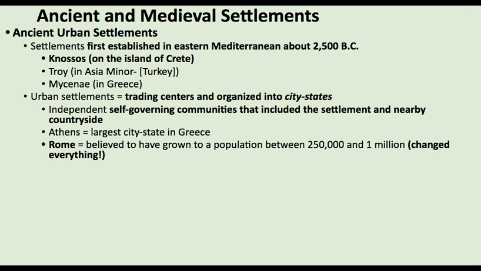Rome had a population in some records of about 1 million people, which is hugely large. It changed the whole process of settlement. The Roman Empire scaled from the UK, down into Africa, and all the way from India over to Spain. It's a huge space.